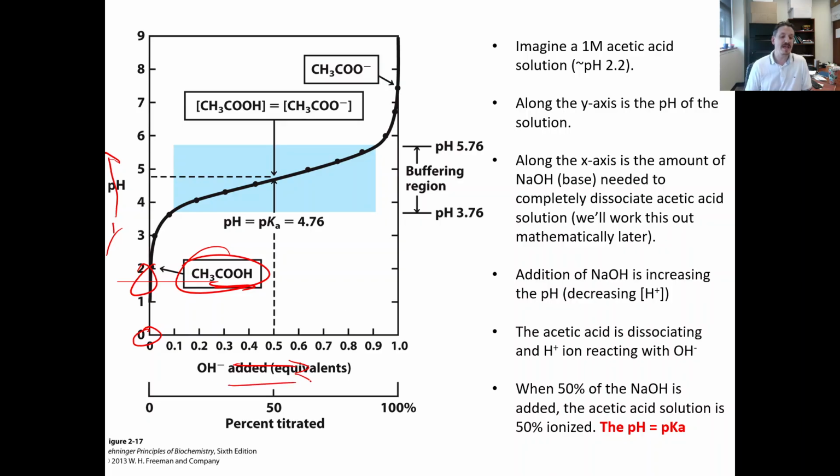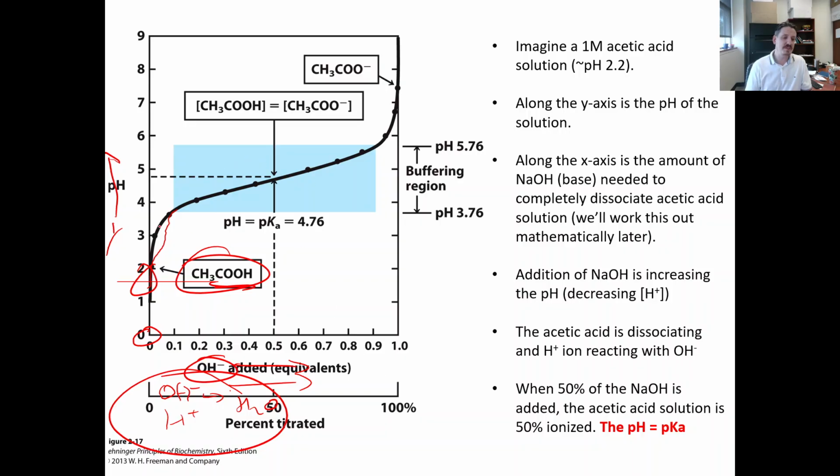But as we add more base, we're eating up some of the H plus in solution. We are slowly increasing the pH. And so what happens is that at first, the acid starts to give away its proton to make up for the proton that's being eaten up by the base in the reaction making water.